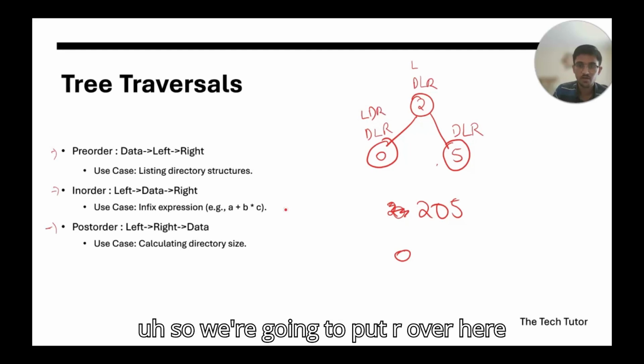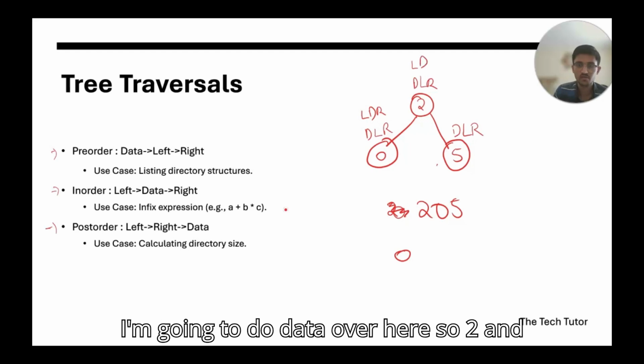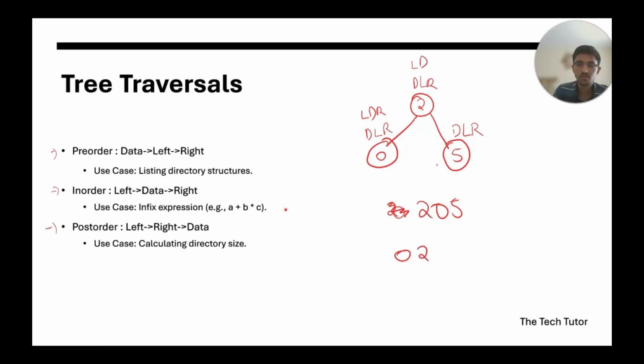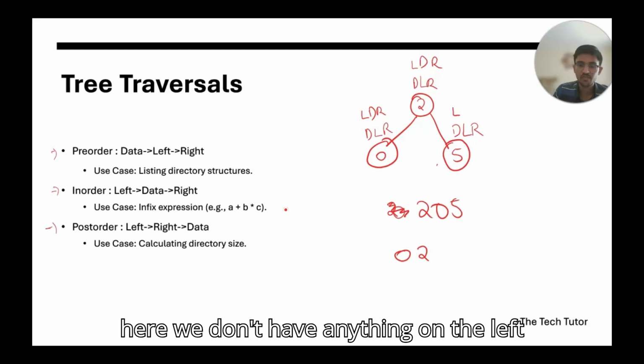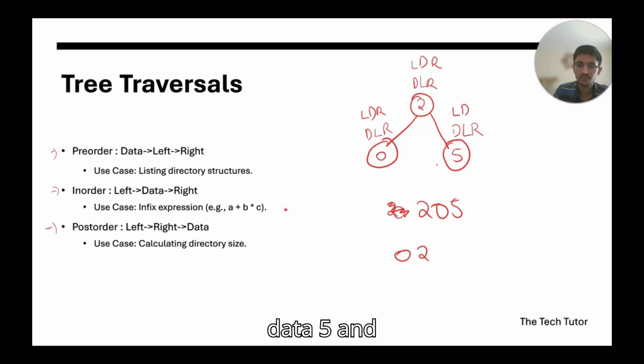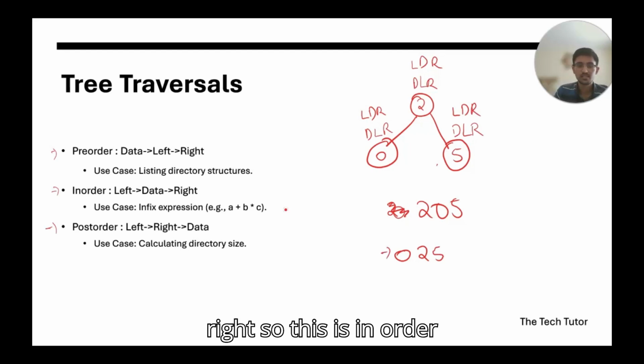Then I'm going to go back up and do data over here, so 2, and then right. Now I'm going to do left over here. We don't have anything on the left. Data 5 and right. We don't have anything on the right. So this is in-order.